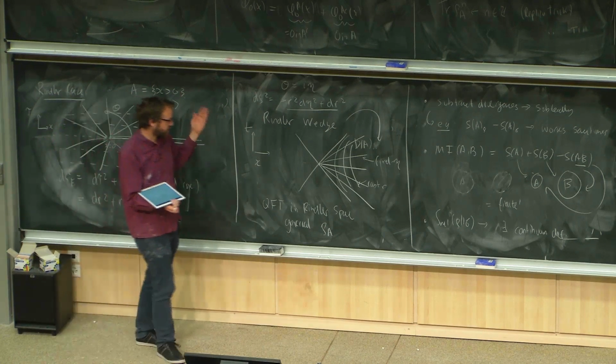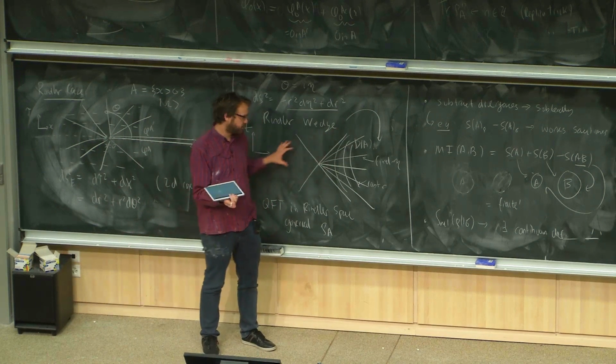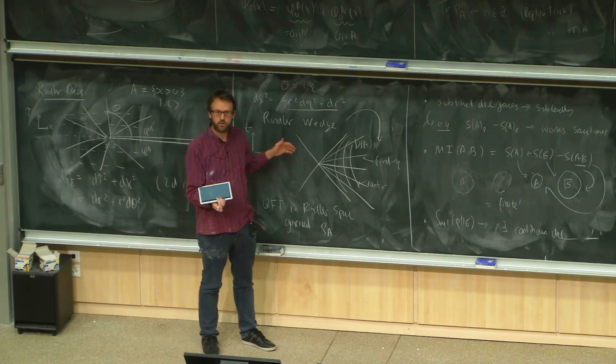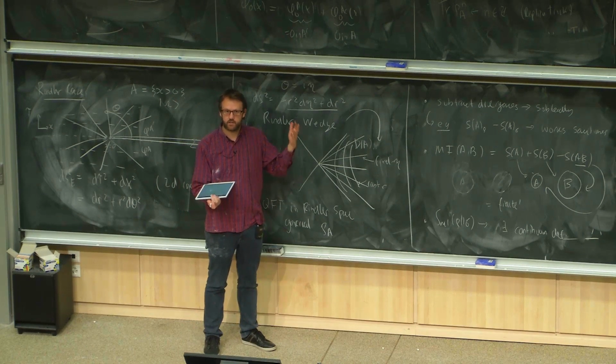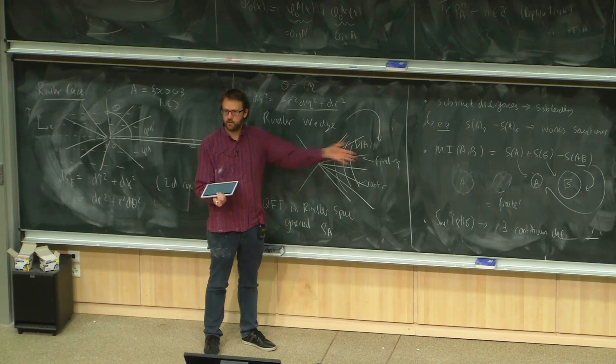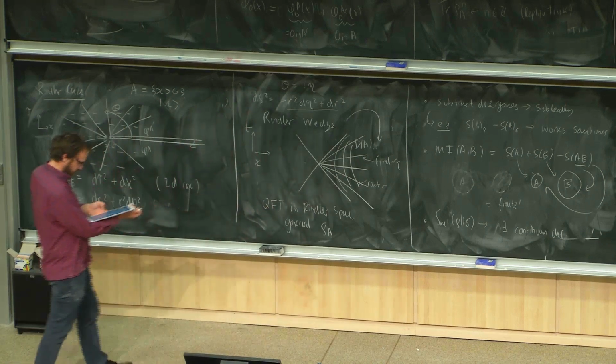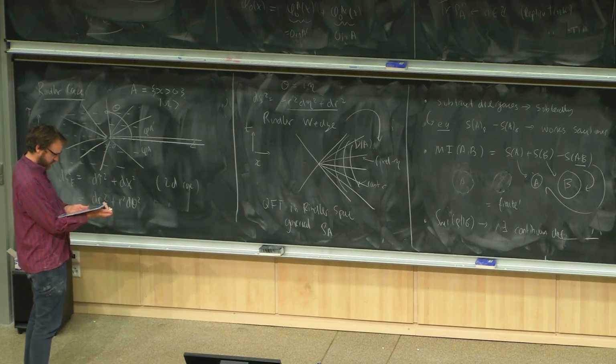But of course, that also makes sense because the Rindler coordinates only cover this patch, so they don't really know about what's going on over here. So what you do is you take your global state, which is the vacuum, and then you trace out the complement, and you get the reduced density matrix. Okay? Good.